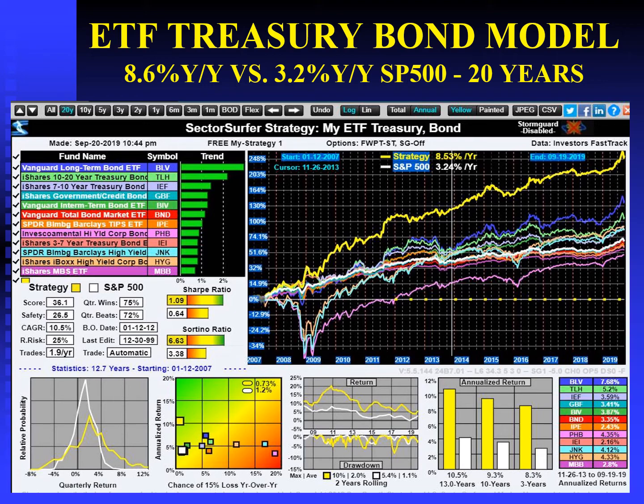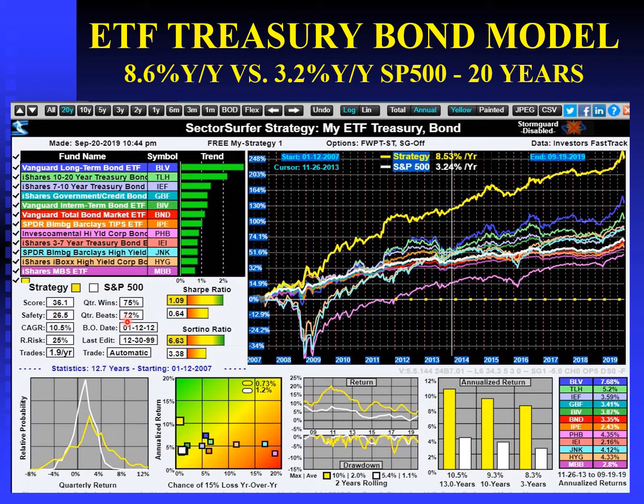This is one of the free strategies, the bond strategy. As you can see, these are all the ETFs investing in bonds, and this green bar tells you which one they prefer. Again, I don't want to give an exhaustive presentation on Sector Surfer.